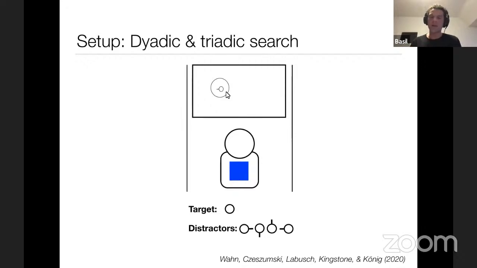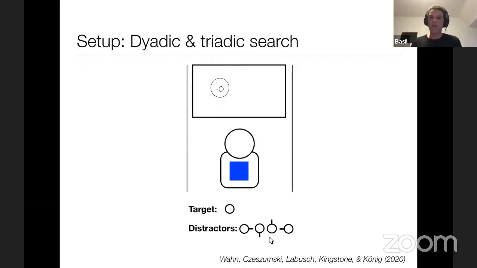They could move the spotlight around the screen to perform the search task. If they moved the spotlight, they could then check whether they currently saw a target or distractor object. The target objects were still the same as in the Brennan study, and the distractors were still these objects with those little antennas attached to them.